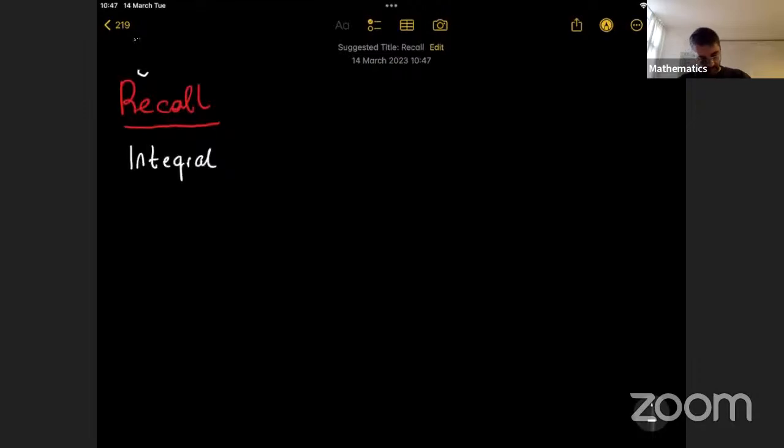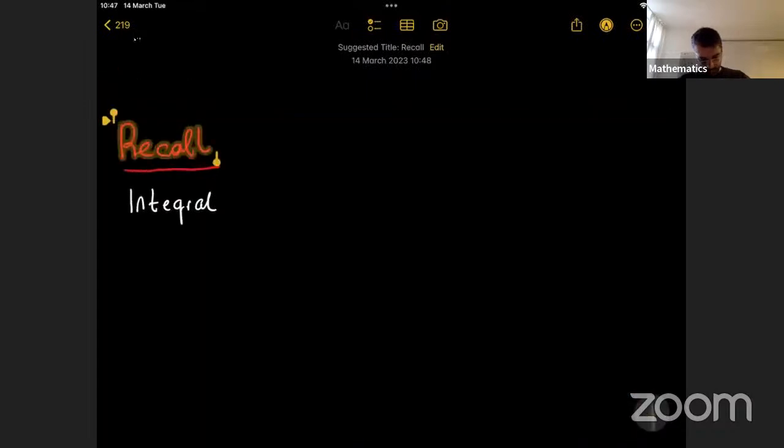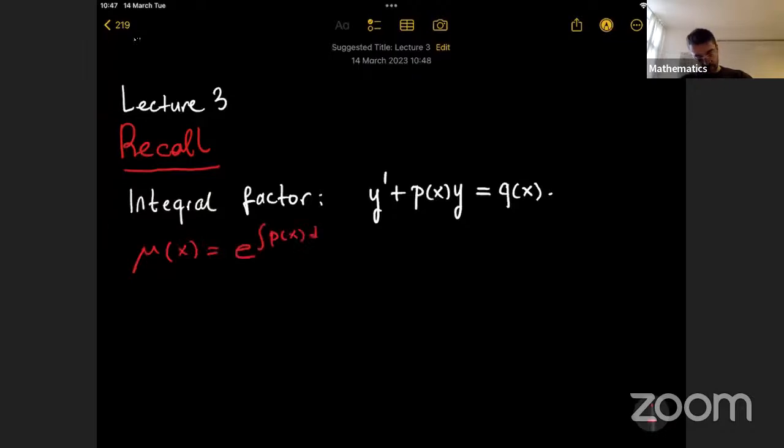This is lecture 3, by the way. We had y prime plus p(x) y is equal to q(x). And the integrating factor was a function mu, given by e to the integral of p(x) dx. So you compute this integral and find the integrating factor.